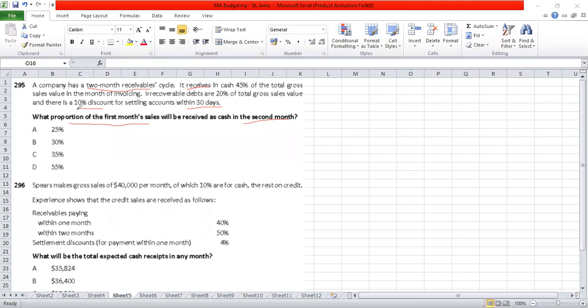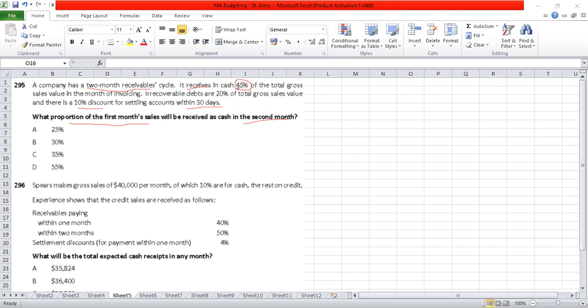But if the customer is paying before the 2 months period, within 1 month, if 45% of them are paying, the business is receiving the amount from the customers. 45% of the customers are paying, but they will pay at a discounted value. What is the percentage of discount? The discounted value is 10%. So after deducting the 10% only, they would be paid. So this 45% is after a discount of 10%.